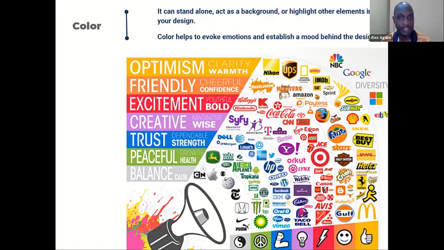Some colors are friendly, like the color orange, and you see brands like Fanta. Fanta likes to be fun and friendly. Some colors elicit excitement, like red in this case, and many brands use red to elicit excitement. A brand like Coca-Cola is red. A brand like CNN is red. Canon is red. There you have it.